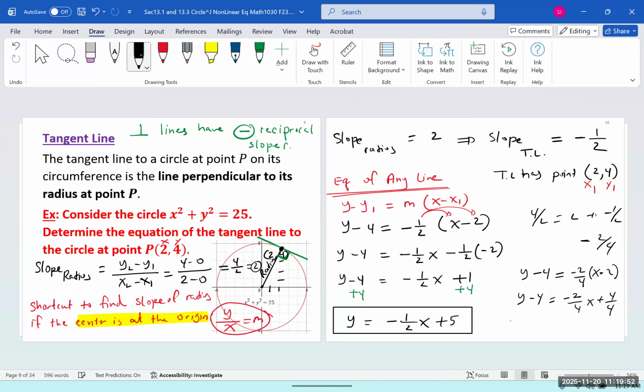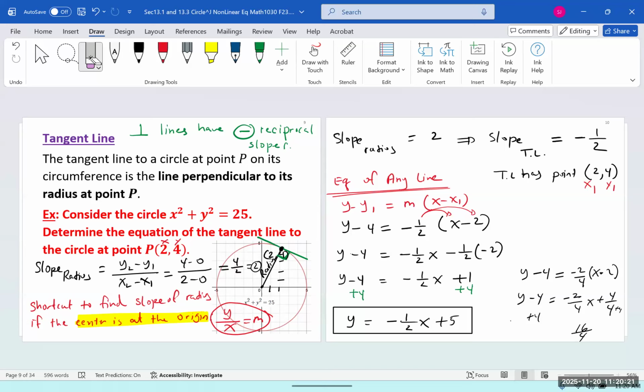And then we do plus 4, plus 4. 16 over 4. That is so weird. No, this is the right answer. Oh, that's because there's a reason for that.